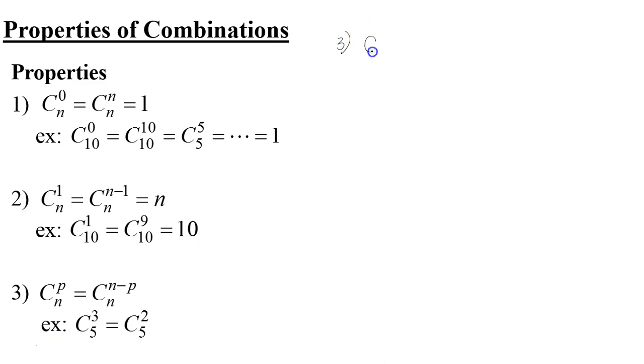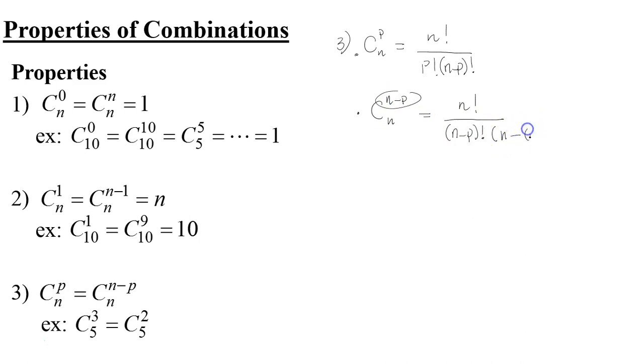So we have the combination of p out of n is in fact n factorial over p factorial times (n minus p) factorial. However, the combination of n minus p out of n would in fact be n factorial over the number of selections, which is (n minus p) factorial, times the difference of the total number of objects and the number of selections, so that would be n minus (n minus p) factorial.